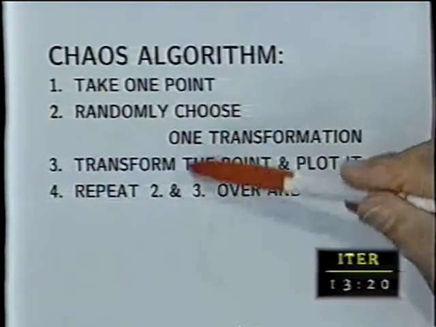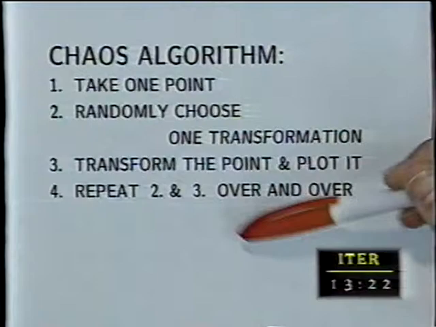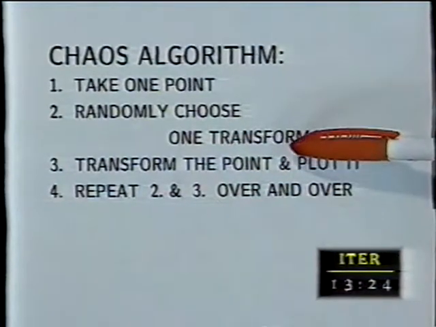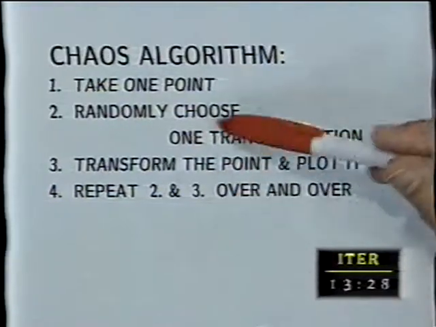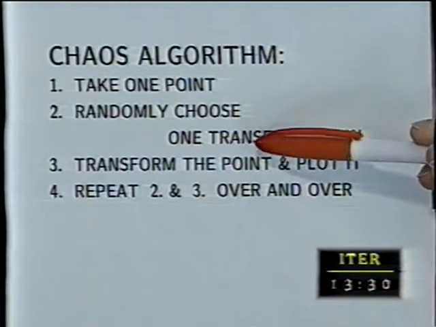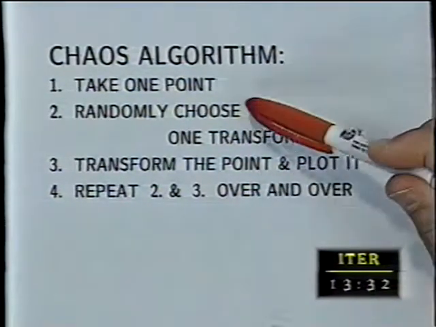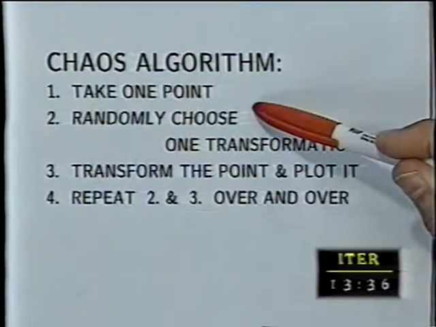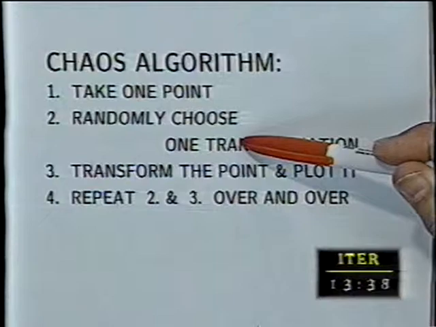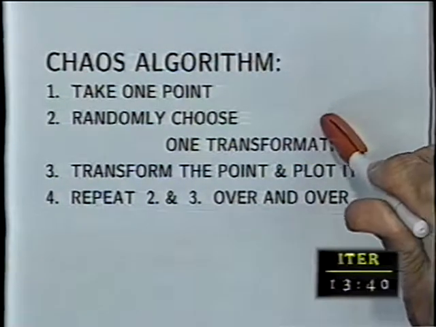I could do this 1,000,000 times in just a minute or less. Computers can run things that fast. So if I do this over and over again, plotting one point at a time, start with one point and just keep following that one point around. If it was going through the same transformation over and over again, we know what would happen. It would end up at 1 point.